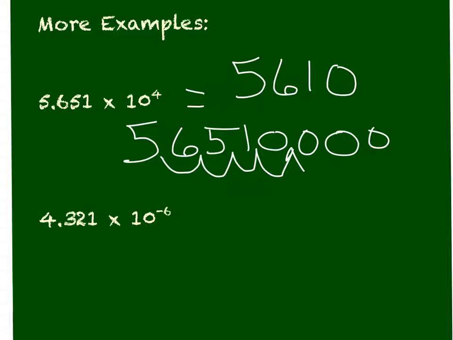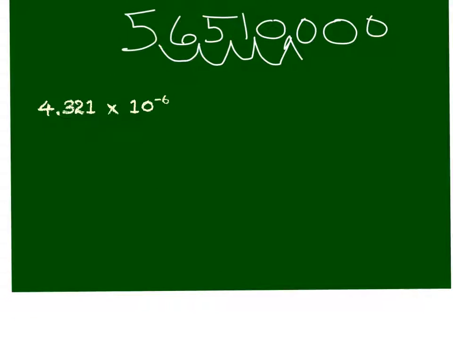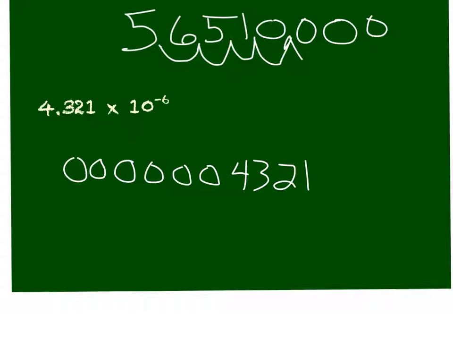In this case, we've got a small value, a very small number, less than 1. So since our number is less than 1, I'm going to place the zeros in front of my 4. Let's add 6 of them since the power is to the negative 6. 4, 3, 2, 1.